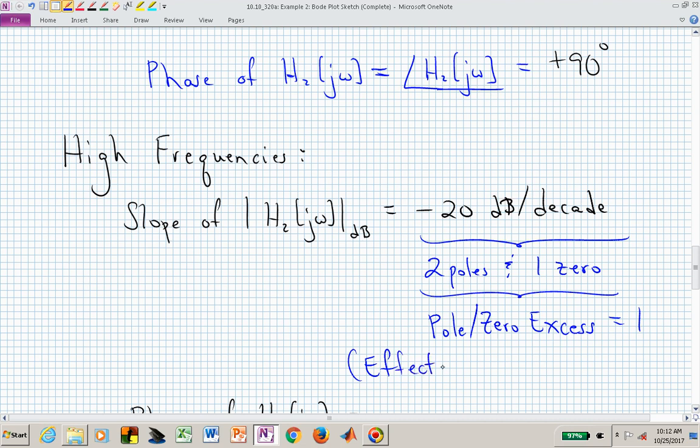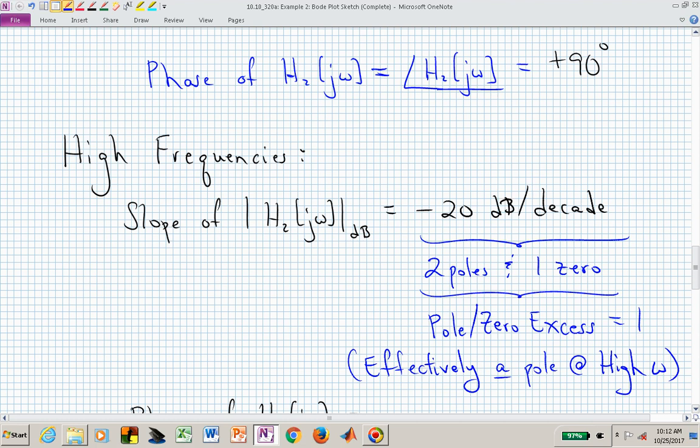Let me just try to write that down. Effectively, one pole at high omega. That's due to the pole zero excess.